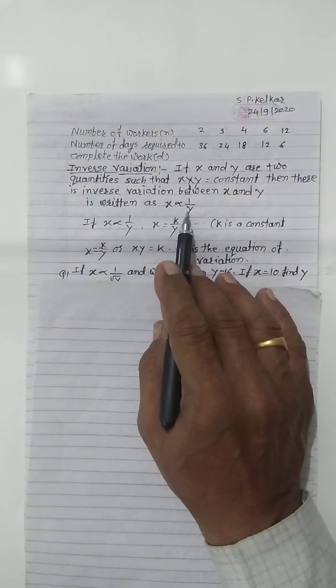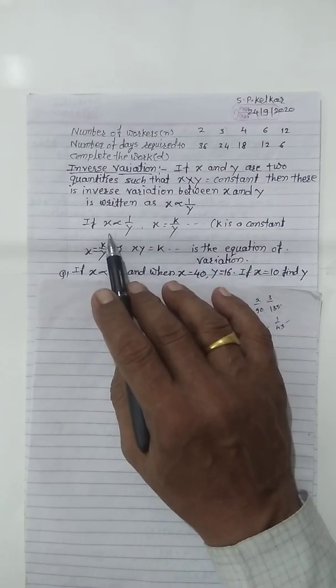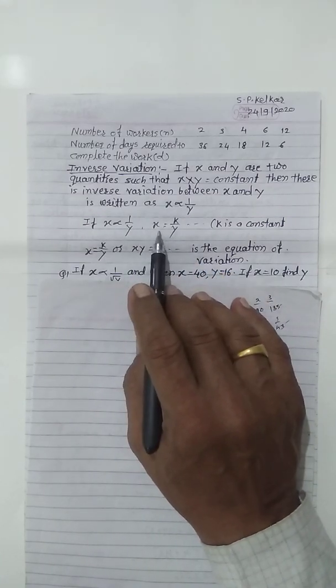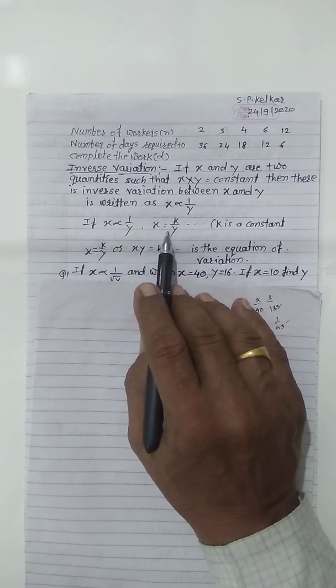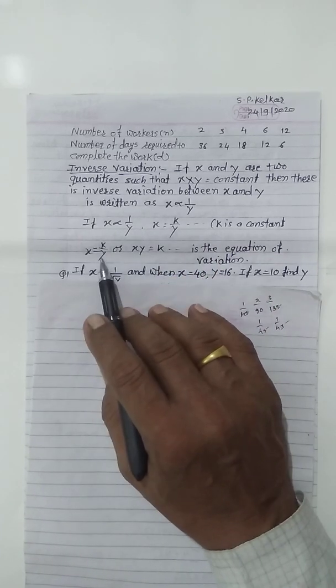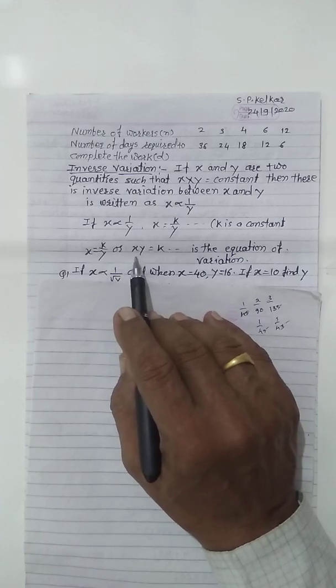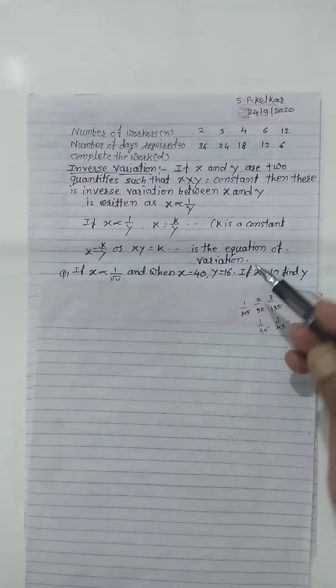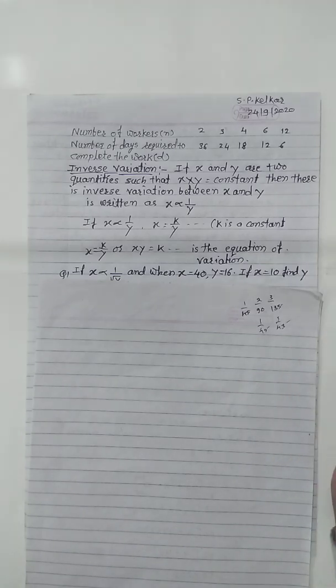This form is the symbolic form. This symbolic form is written in the mathematical form as x equal to k upon y, where k is the constant of variation, x equal to k upon y, or we can say that x into y equal to k is the equation of variation.